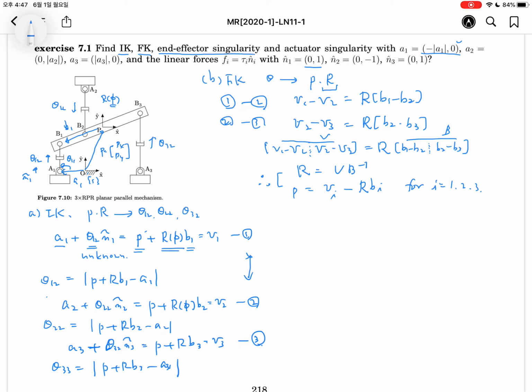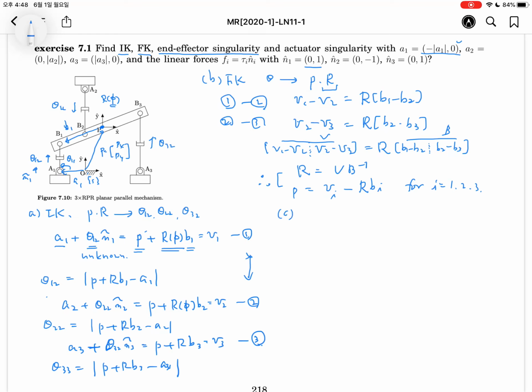Okay, the third problem is about the end-effector singularity. This is the end-effector. So let's take the wrench notation to obtain the inverse matrix of the body Jacobian.